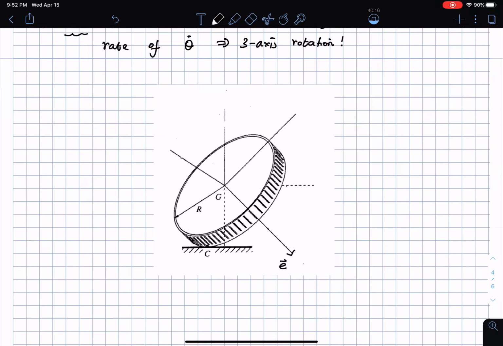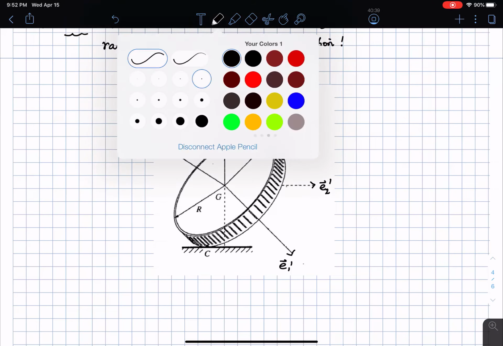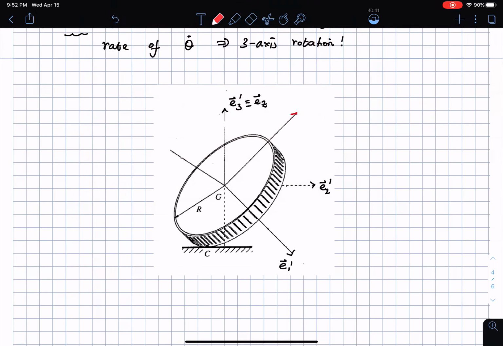So this is E1 prime. Then we call this axis the E2 prime axis. This was the E3 prime axis, which was the same as EZ, right? And then I'm going to have the next set of axes, which we called E2 double prime.